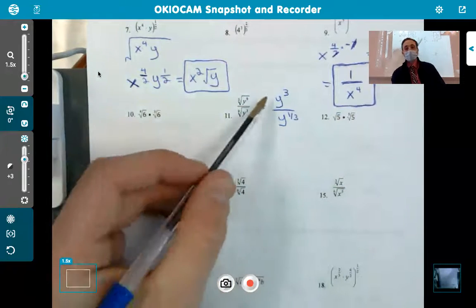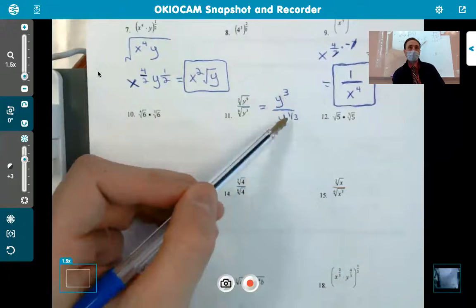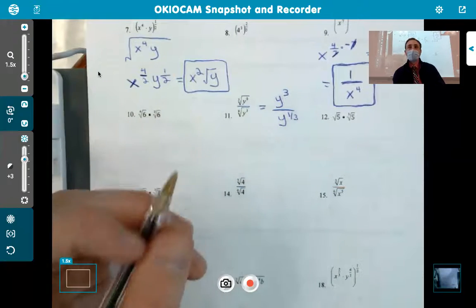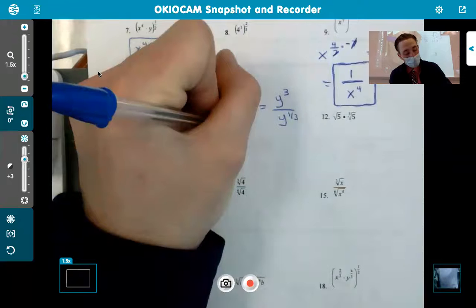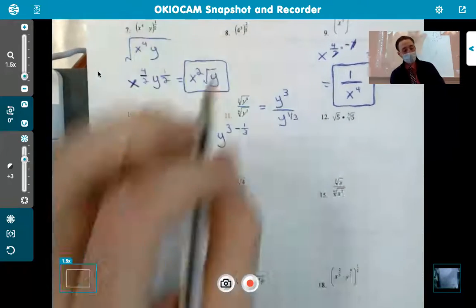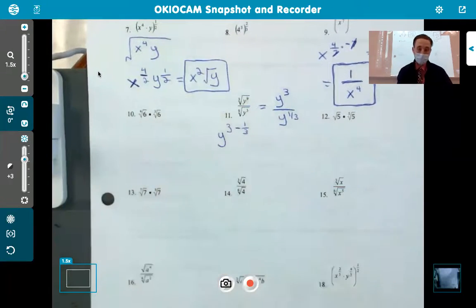When I'm dividing and I have the same base with these exponents, what do I have to do with the exponents if I'm dividing? What operation? Subtraction, right? So this is really 3 minus 1/3 as an exponent of y. So y to the 3 minus 1/3.